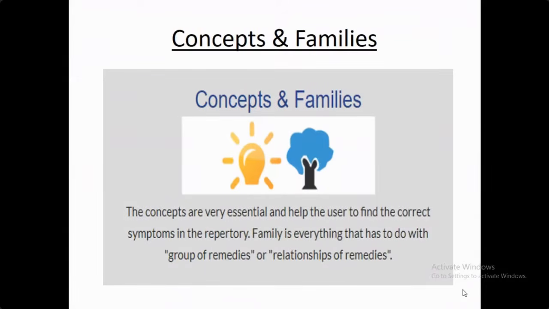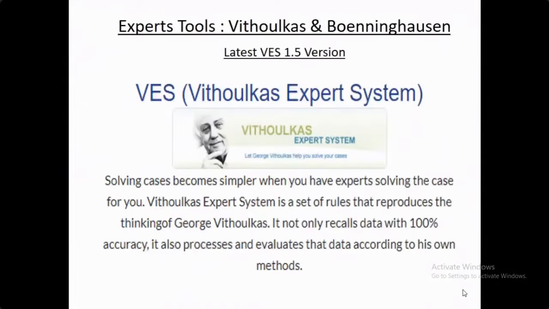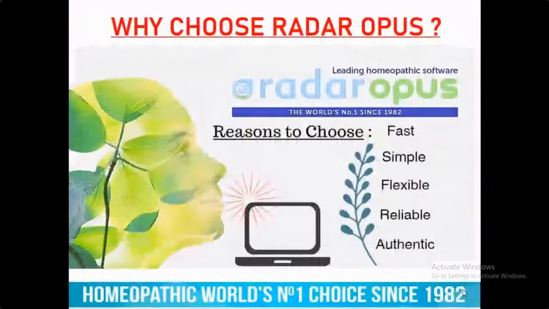We have concepts and families. The concepts are very essential and helpful to the user to find the correct symptoms in the repertory. Family is everything that has to do with the group of remedies and the relationship of remedies. Then RadarOpus comes with the latest version of the Vithoulkas expert system, that is version 1.5.